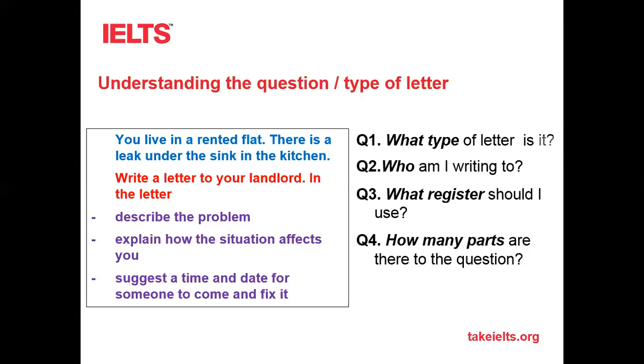Who am I writing to? In this case, my landlord. Do I know the person's name? Question 3, what register should I use? Formal or informal? Again, I think it should be formal. How many parts are there to the question? What do I need to include? Well, there are 3. Describing the problem, explaining, and suggesting. So those are the 3 parts that I have to include.